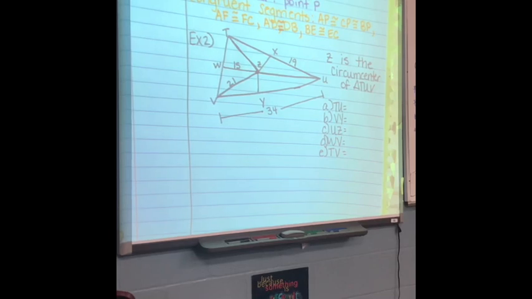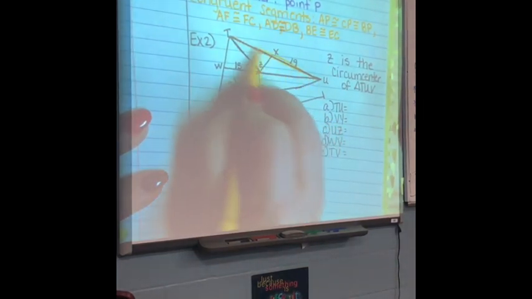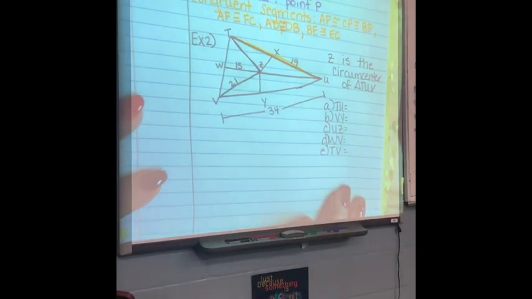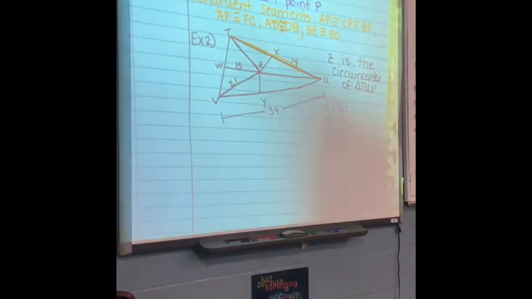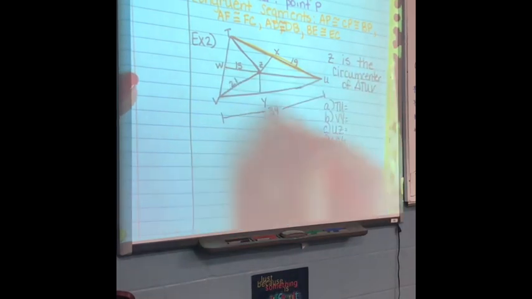Okay, so starting off, I'm gonna look for TU. So TU is this whole segment right here. How can I find TU? Oh wait, let's start out by doing this. They said Z is the circumcenter, so let me mark all the things that I know if Z is the circumcenter.